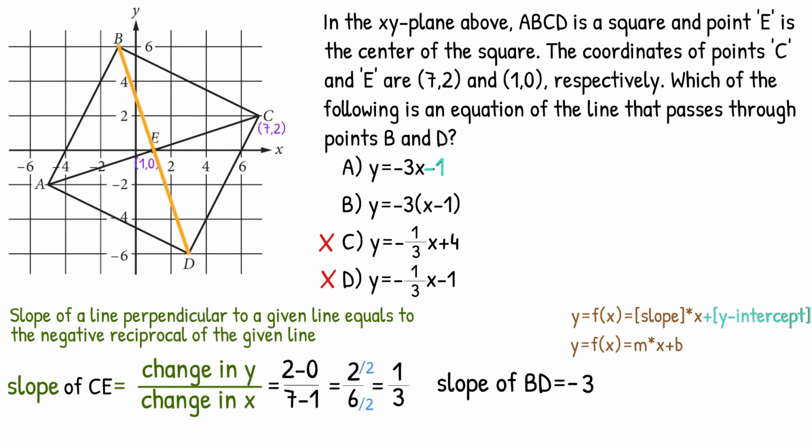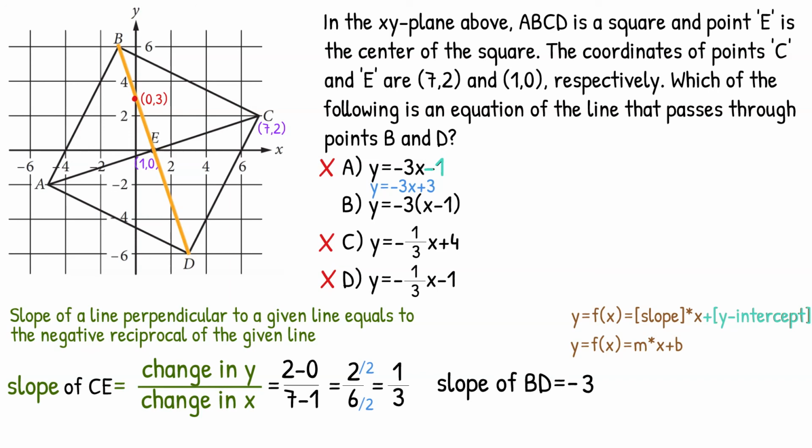If we visually assess what we have, we can see that line BD intersects the y-axis at the point where y equals 3. So -1 is incorrect, and thus we can cross out A, and we're left with answer choice B. If we multiply -3 by x minus 1, we would get -3x plus 3.